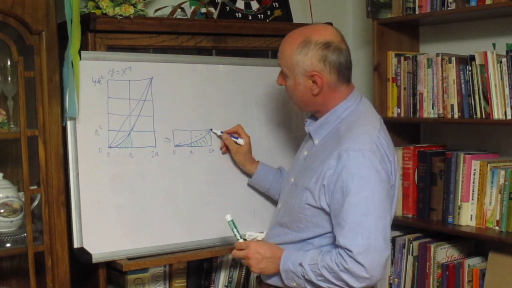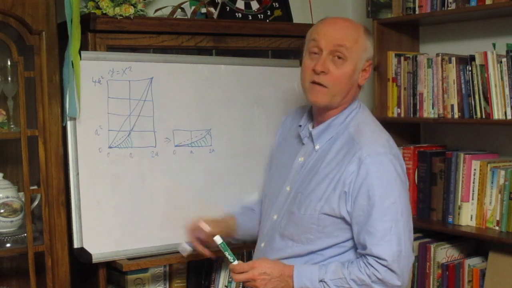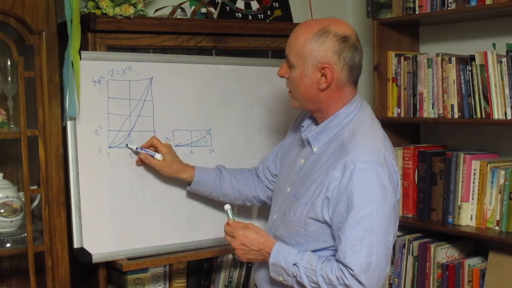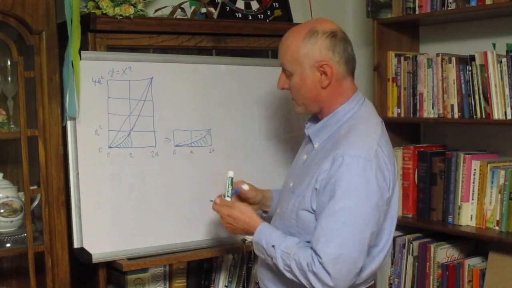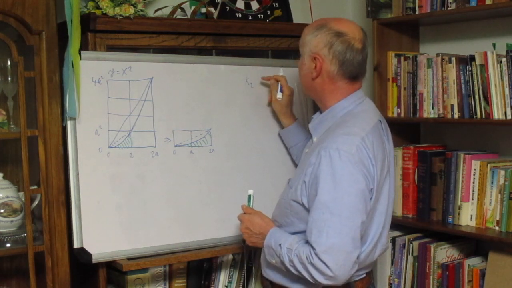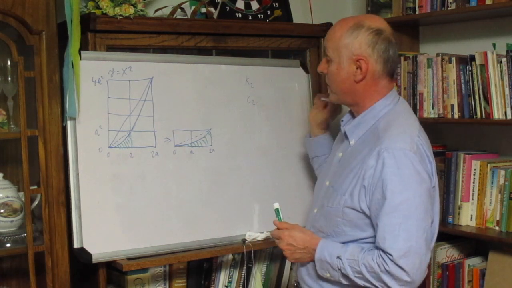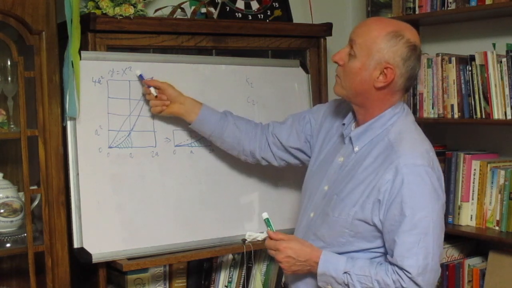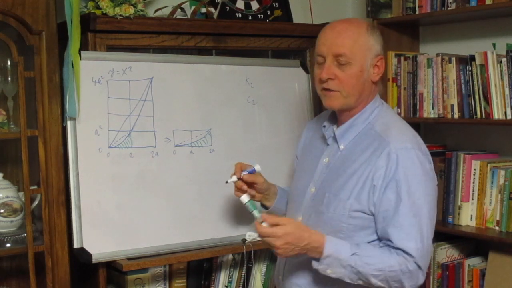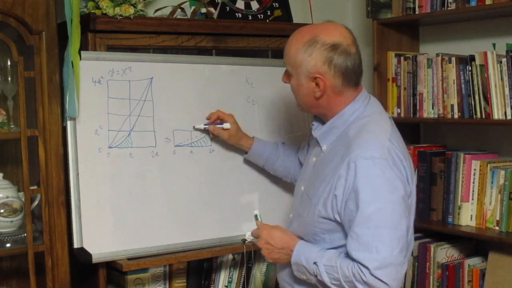So the ratio of this slope to this diagonal is the same as this slope to this diagonal, and the ratio of this area to this box is the same as this area to this box. These ratios are basically K2, the area ratio, and C2, the tangent slope ratio. And there's only one value for y equals x squared. There's a unique number. That's why it's an iso ratiometric invariant. It's the same number.